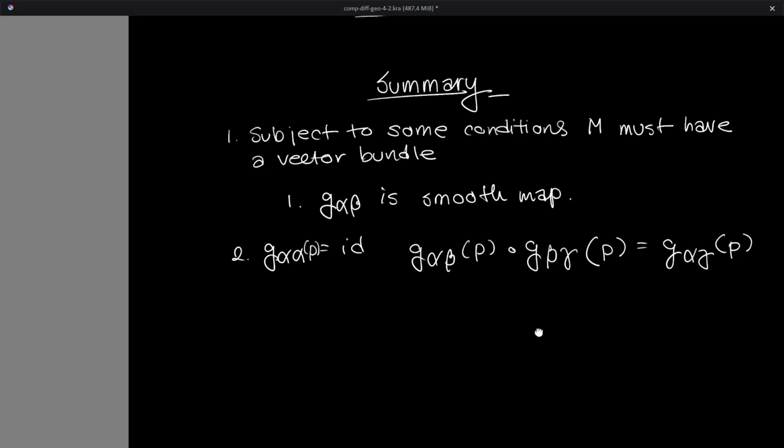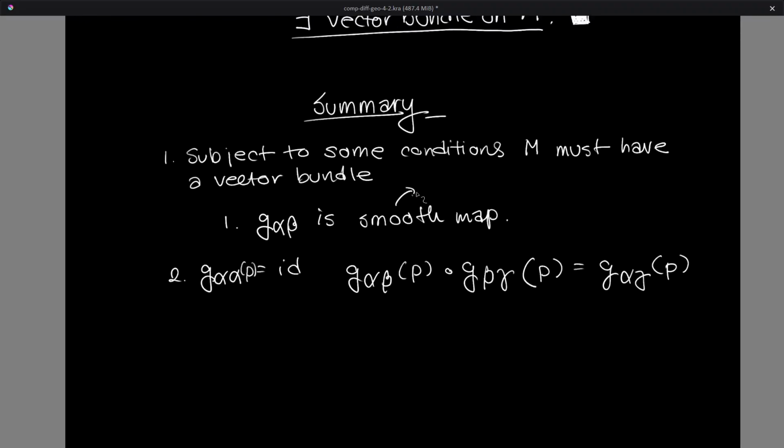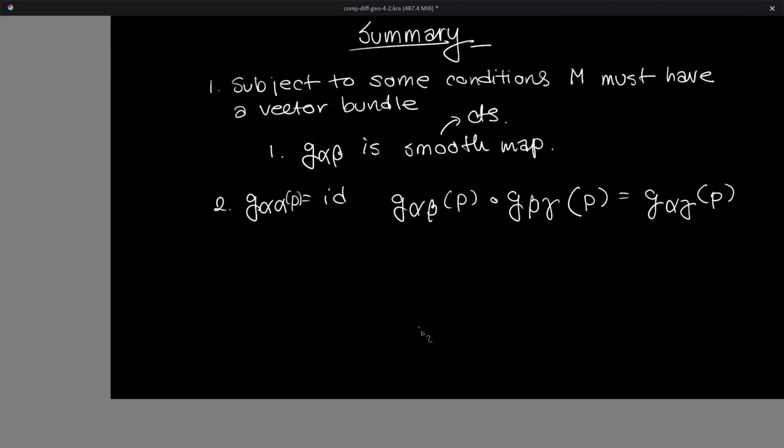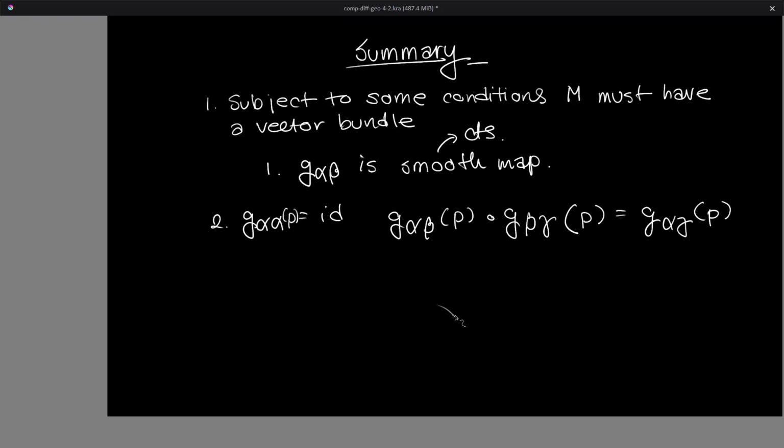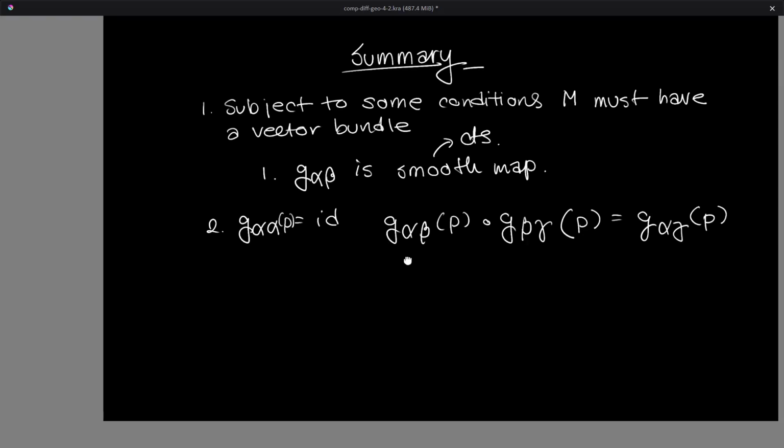If these are true, then, smooth implies continuous, by the way, then we get a vector bundle. That's basically what we tried to prove. This was a theorem.